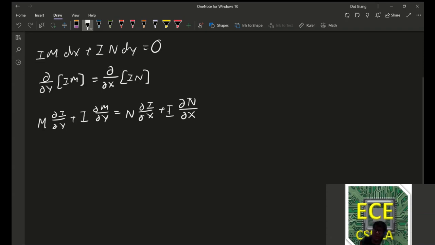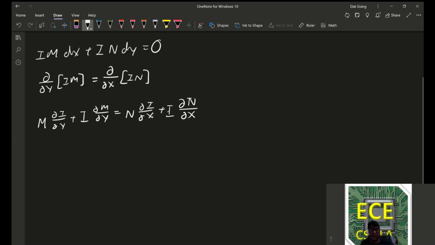Now, just to give you an observation, this one is a partial differential equation, and if solving regular differential equations was difficult, this one's maybe a million times worse.